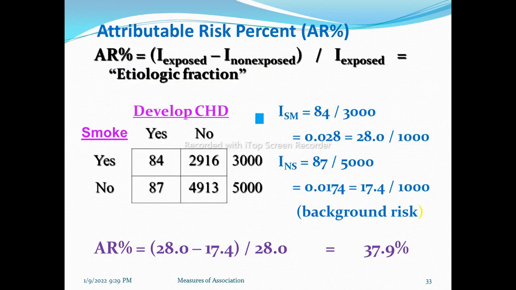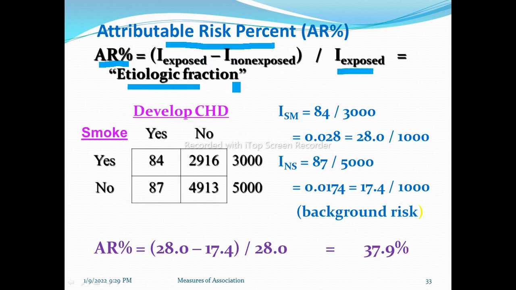So an example for attributable risk percent: attributable risk percent is equal to incidence in exposed minus incidence in non-exposed over incidence in exposed times 100.